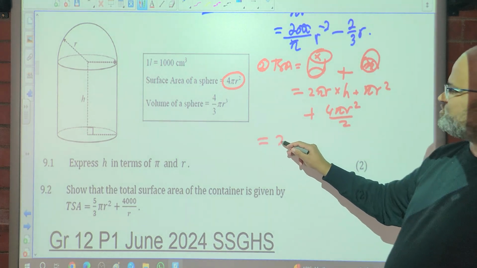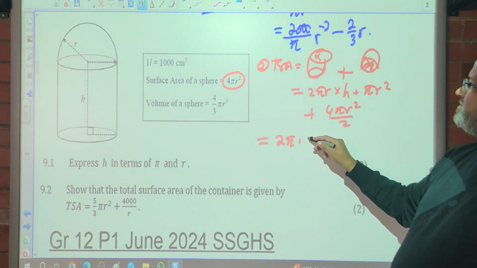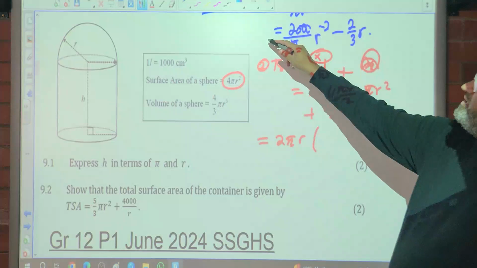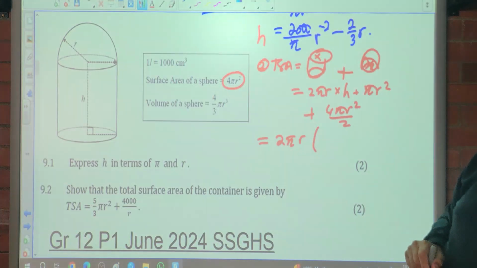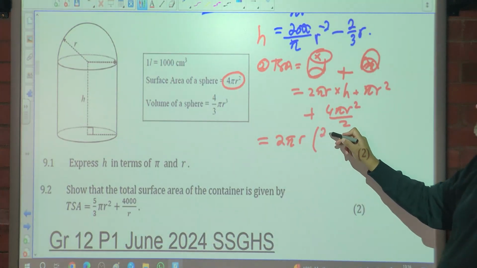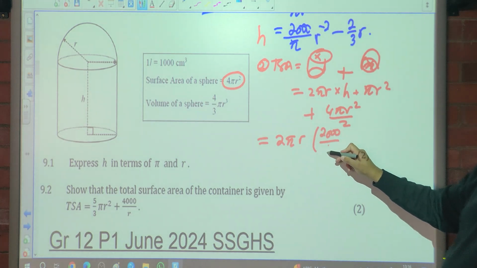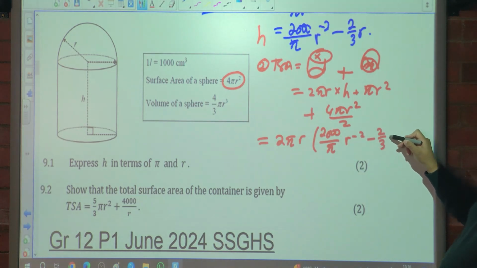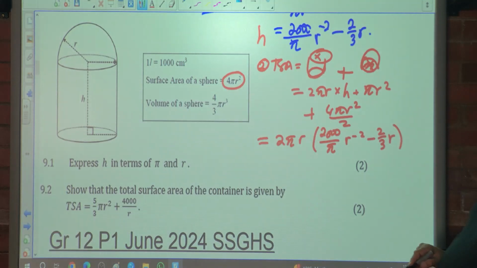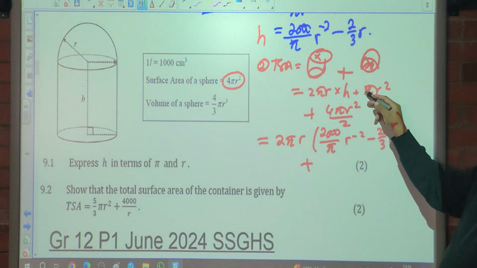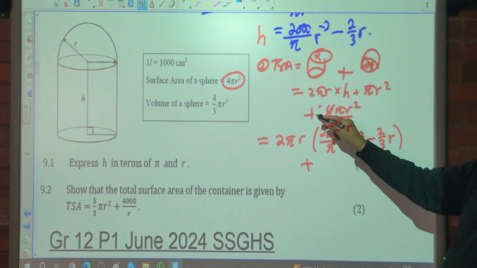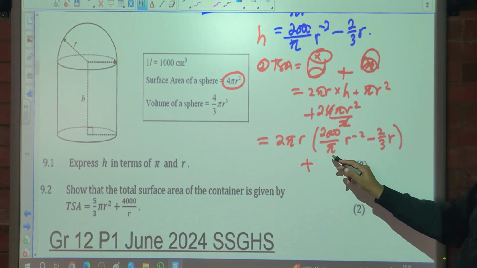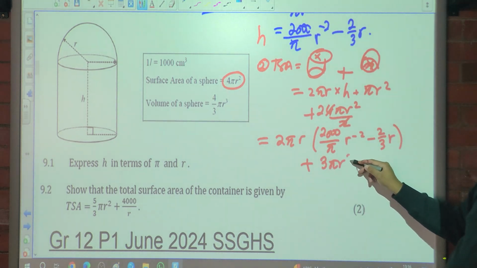So that simply gives us 2 pi r, my radius, into height. Remember that was the height calculated in the previous question, which is 2000 over pi r to the minus 2 over 3 r, plus pi r squared, and this is going to be 2 pi r squared. Can you see that? Which gives me 3 pi r squared.